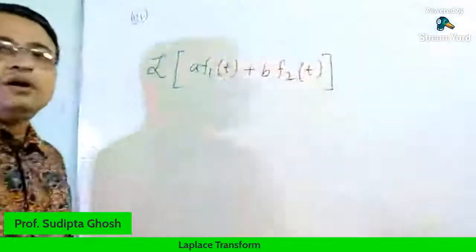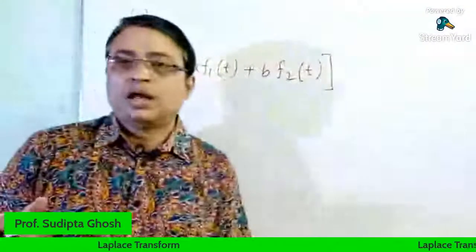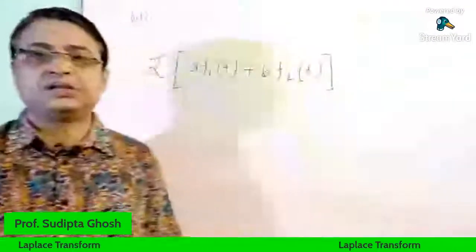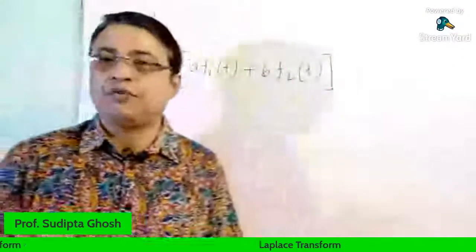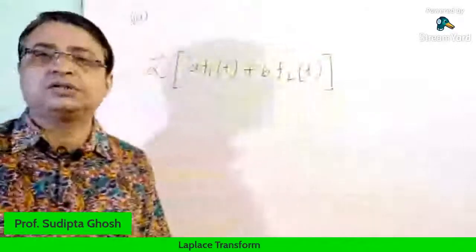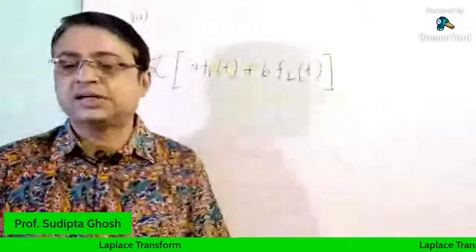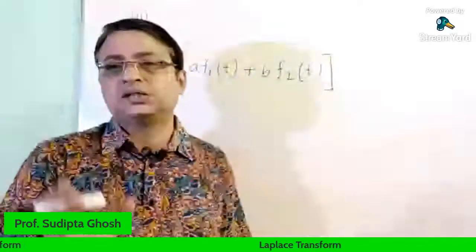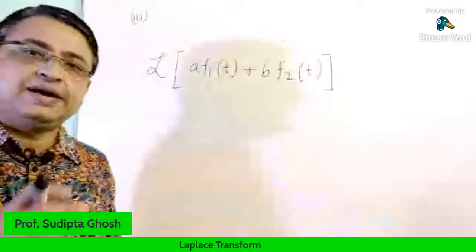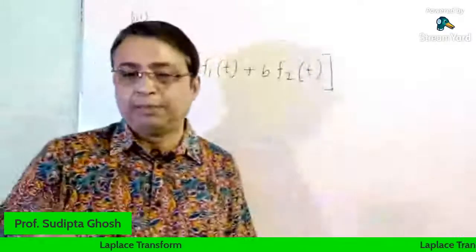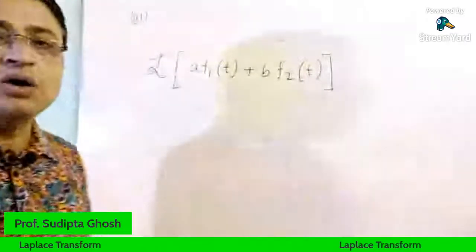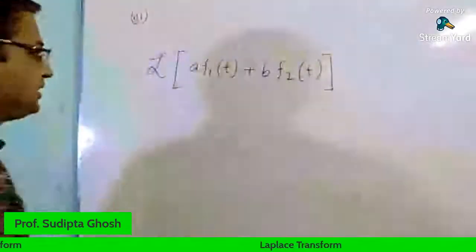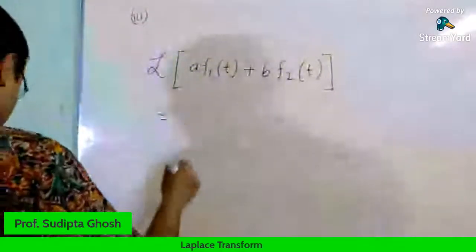So if I have to find out the Laplace transformation of this type of function, that is, a linear combination of two functions, a f1t and the other one b f2t, how can I proceed?